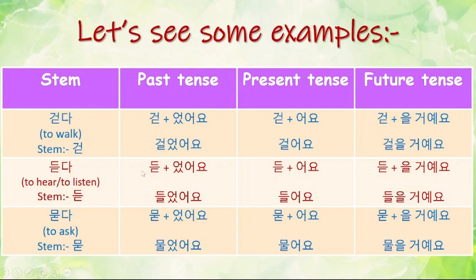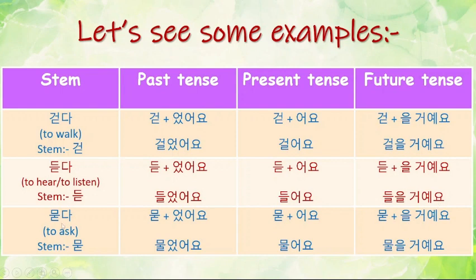So, this tigit will get replaced with lir because a vowel is coming to get attached, right? So let's do it quickly. In past tense, the conjugation of thitta will be thirosoyo. In the present tense, thiroyo. And in the future tense, it will be thirkoyo, right?